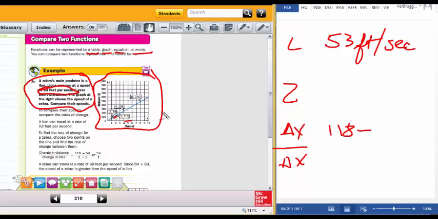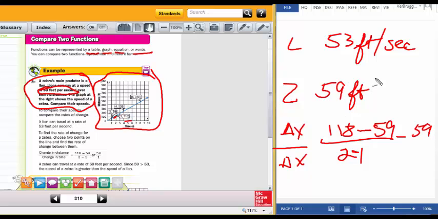Right here's where I'm getting these numbers from. 118 minus 59 over 2 minus 1. So we're going to get a unit rate right there, and 118 minus 59 is 59. So the zebra is 59 feet per second. So clearly the zebra can run slightly faster than the lion, so as long as it doesn't get surprised, it can get away.